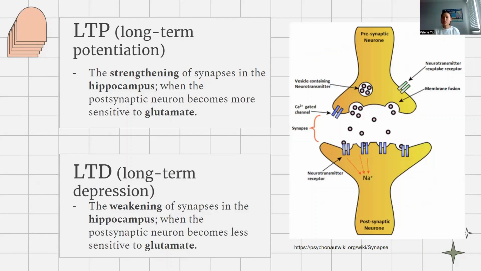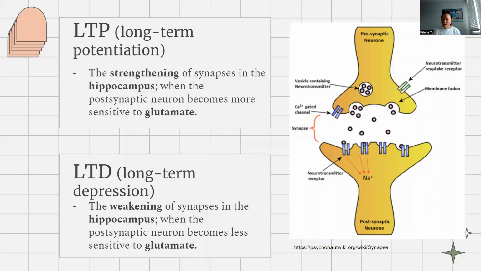Now I just want to go quickly over what LTP is. As I mentioned earlier, LTP is short for long-term potentiation. In a nutshell, because it's very complex and I don't want to get too into it, LTP is the strengthening of synapses, and this is due to frequent stimulation through a synapse.